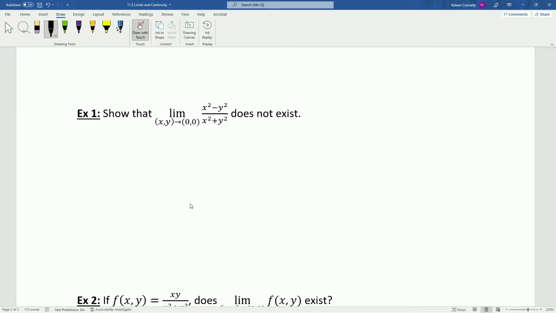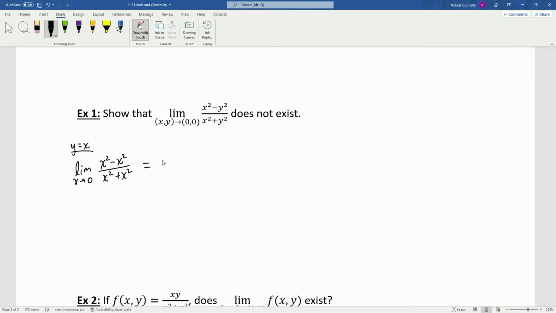So first I'm going to start out with a simple path. How about y equals x, and see what we get there. If we take this limit, replacing y with x, this becomes just the limit as x goes to 0 of x squared minus x squared divided by x squared plus x squared.